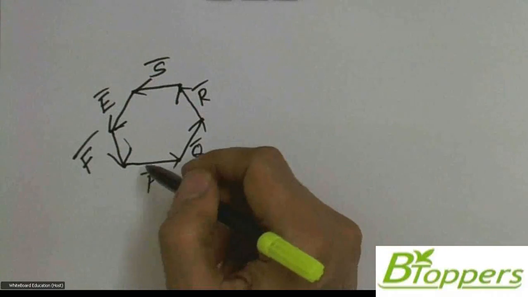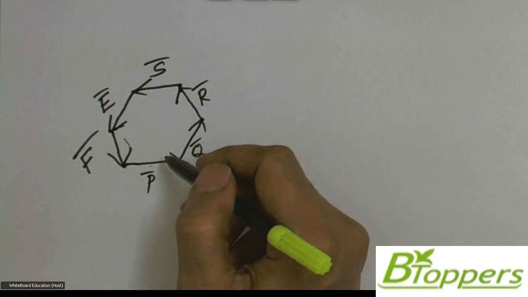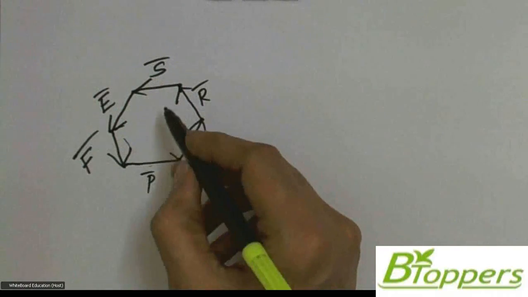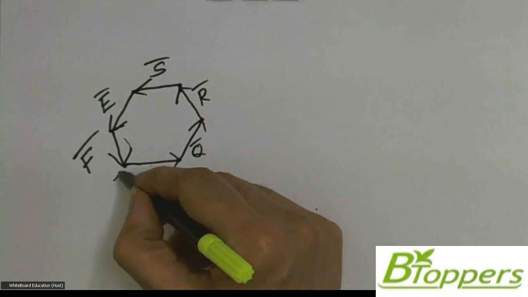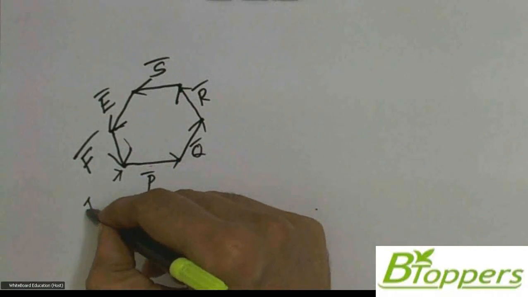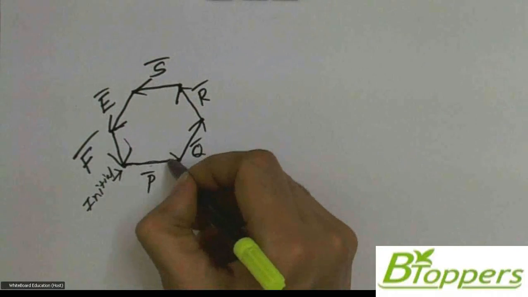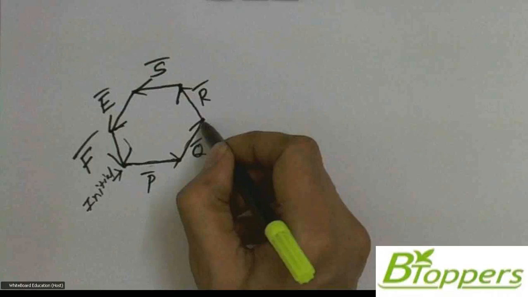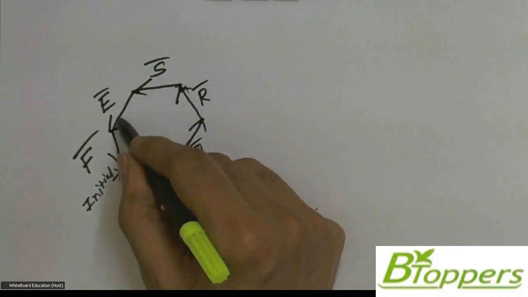It can be understood this way. If you assume that all the 6 vectors represent 6 displacements given to the particle, that means let us suppose this is the initial position of the particle. So P bar is the first displacement, Q bar is the second displacement, R bar is the third displacement, like that.